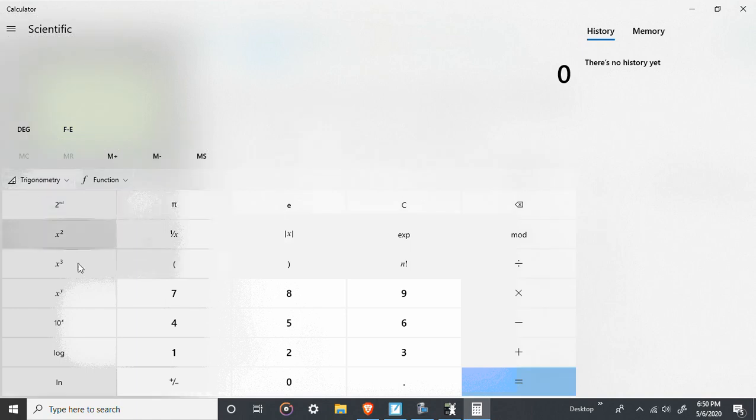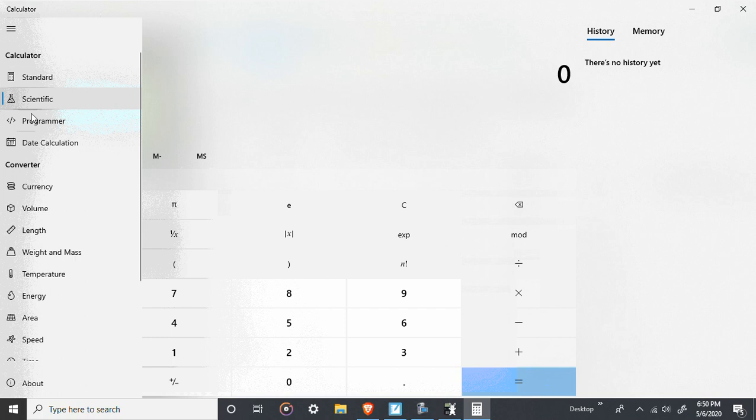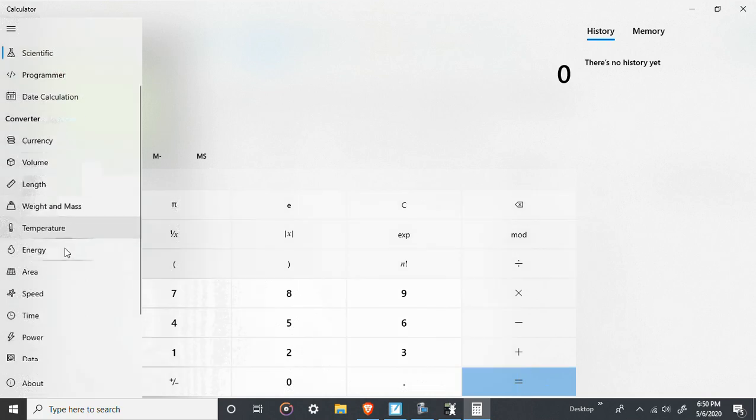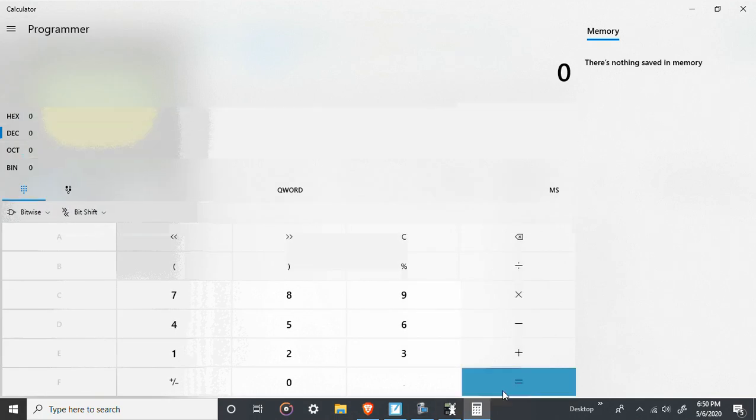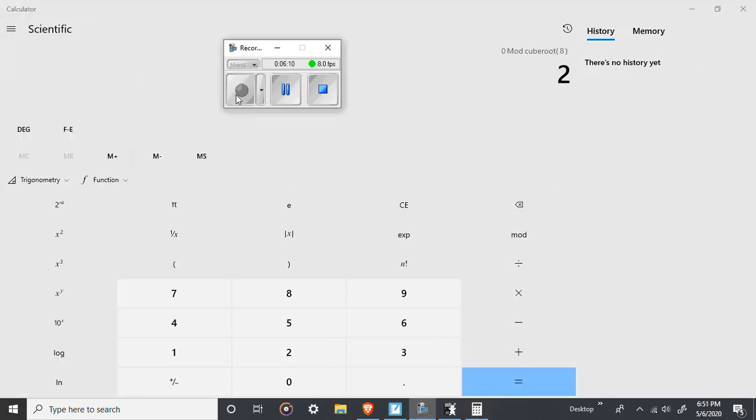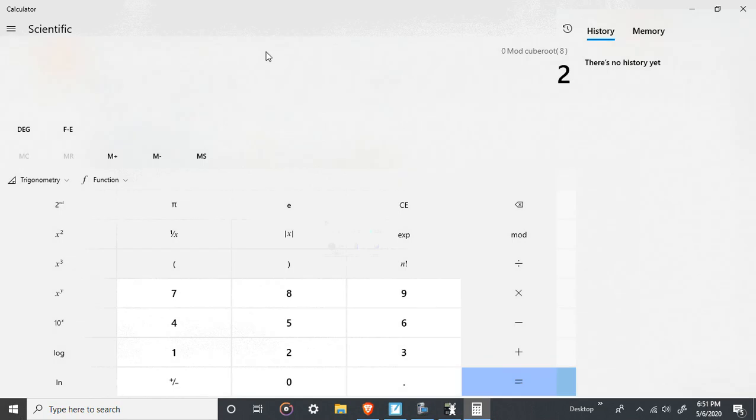Do I not have, are you serious? Does not have a cube root? I got squares, I got square roots, I got, all right, third time. Currency, volume, length, areas, but I got all these calculators. I even do programmer? Oh God, hold on, timeout. Okay, I found it, sorry about that.